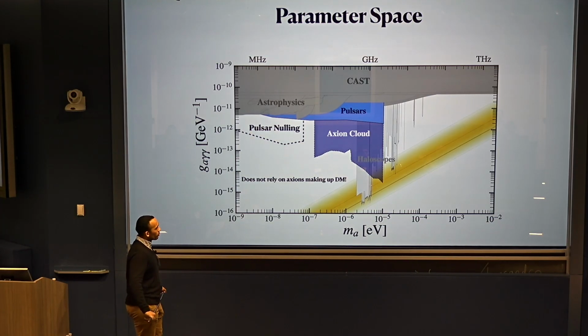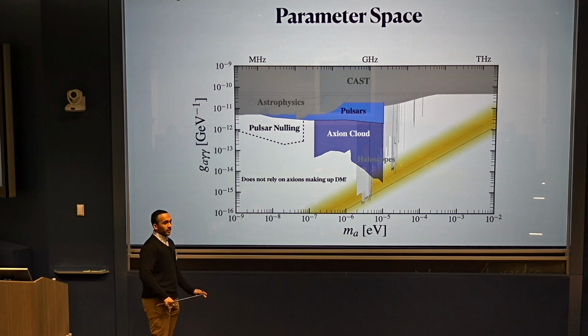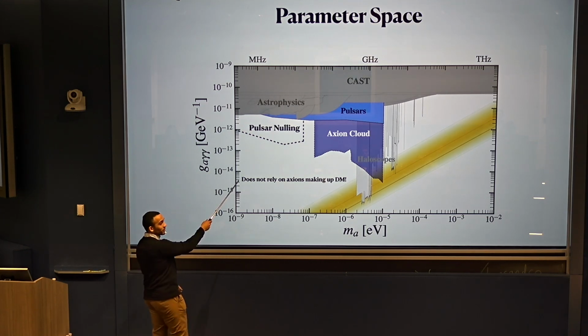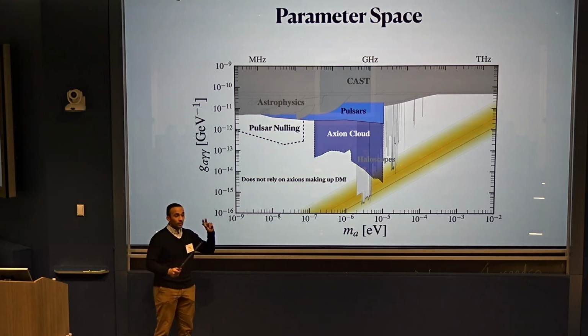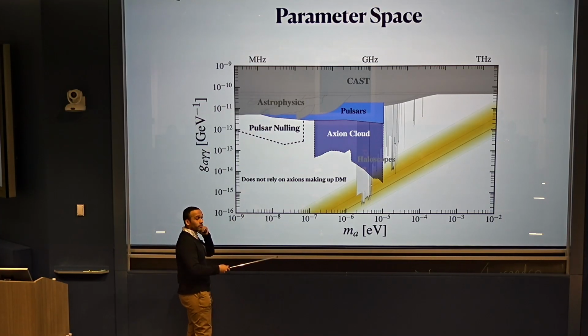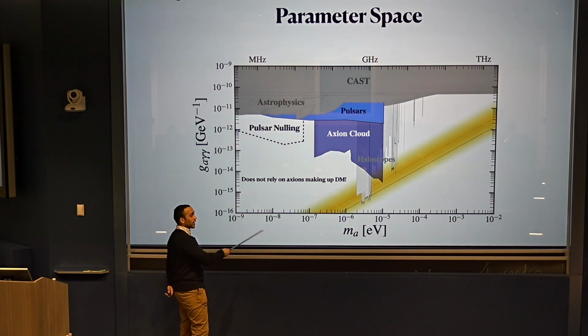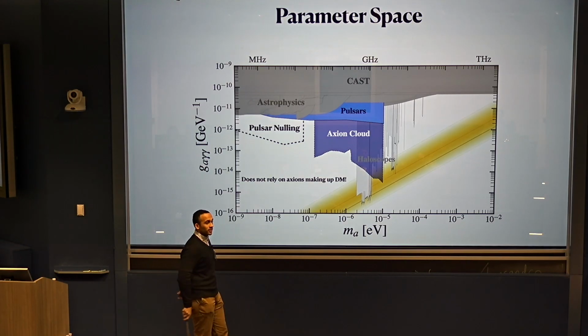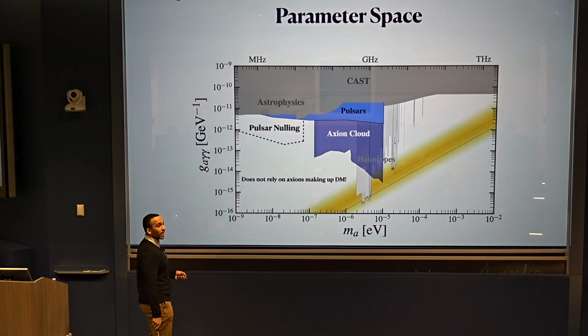Yeah, it's more the time scale. I think this is also not a constraint. It's just the parameter space where you could explain nulling. Those observations of nulling that I showed are seen on time scales that correspond to, let's say, 10 to the minus 9 or 10 to the minus 8 eV axions. But also, if you fix the density, the axion amplitude is larger at lower masses.